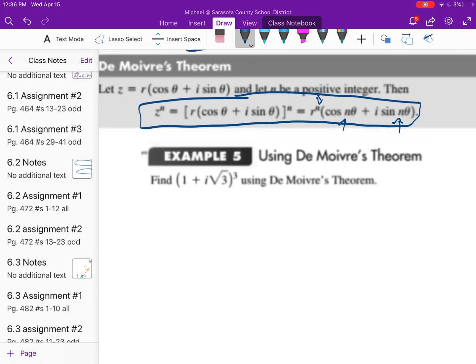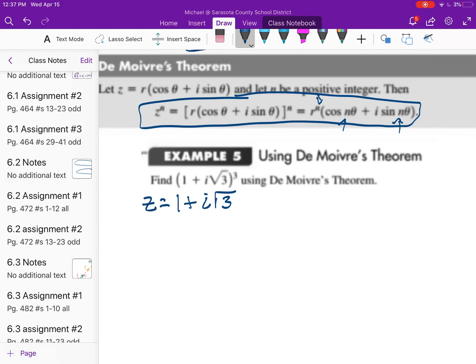So I want to take 1 plus i times the square root of 3 to the 3rd power. So again, we have to think about what the polar form of this complex number is going to be. And so we have z as 1 plus i root 3, and I like keeping it how it is there.